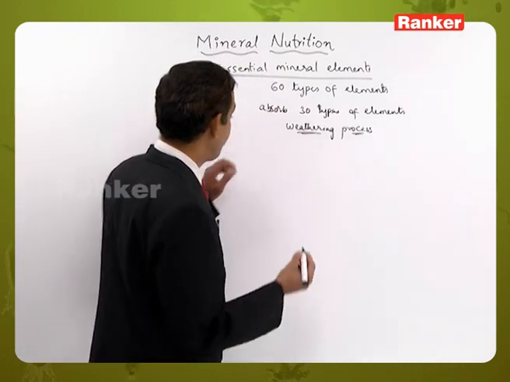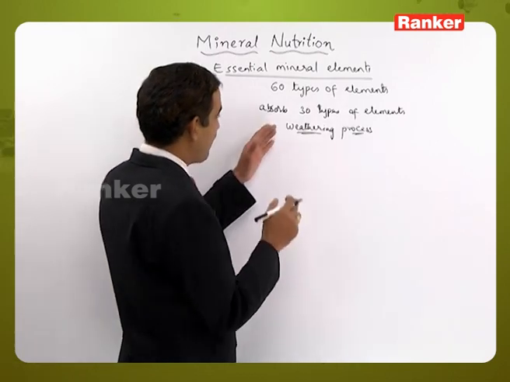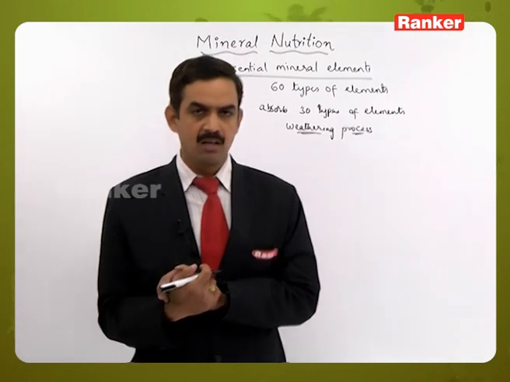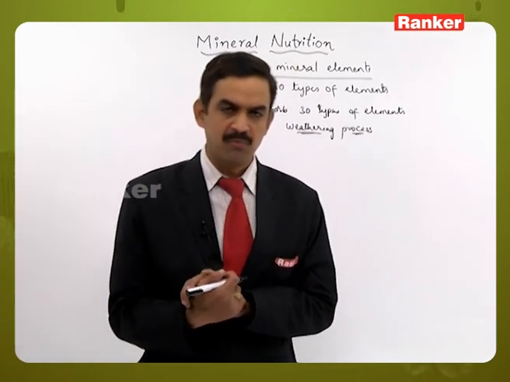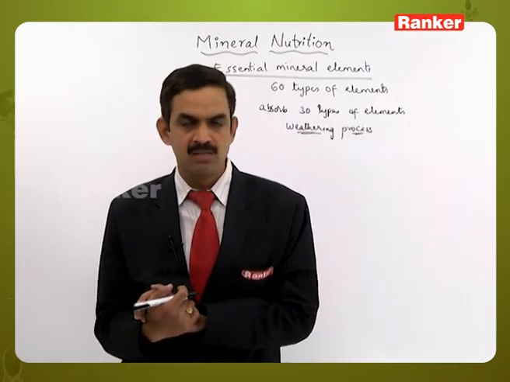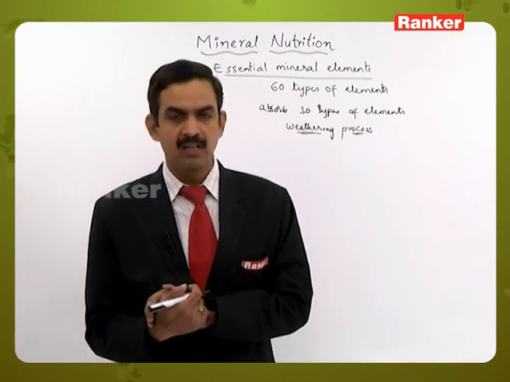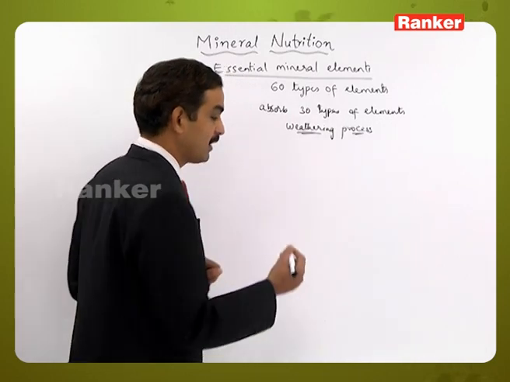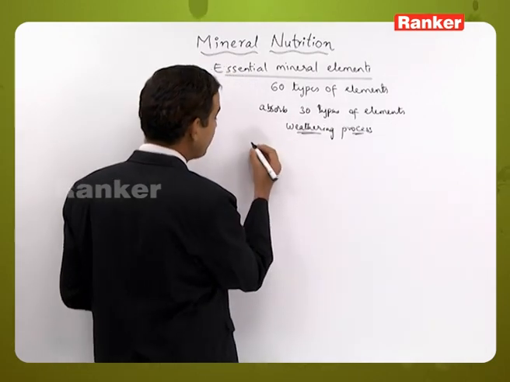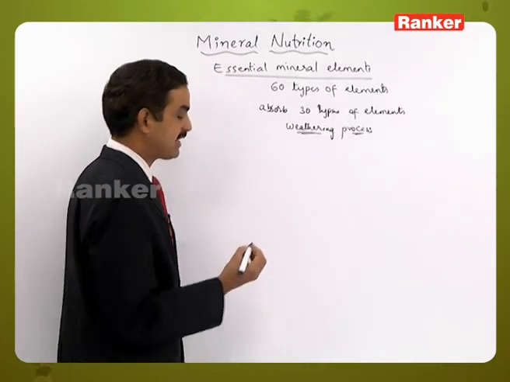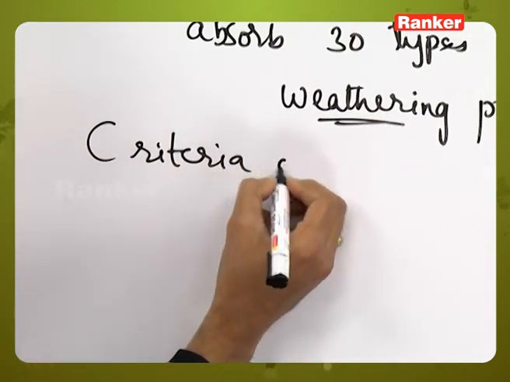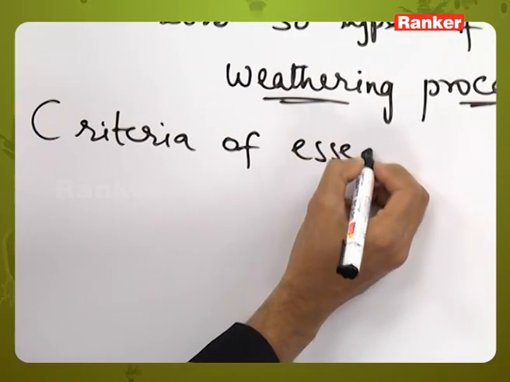So is it like all these elements which have been absorbed by the plants are required for growth and development? No, it is not compulsory that all the 30 types of elements absorbed by the plants should be required for growth and development, but some are not useful also. So likewise, there is one criteria that has been given, that is called the criteria of essentiality.